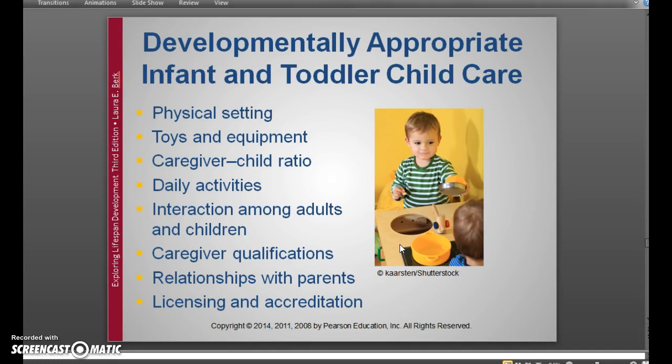Look at the physical setting, what kind of toys and equipment are provided, the caregiver to child ratio, what their daily activities are, how much interaction they have among adults, what the qualifications of the caregiver are, the relationship with the parents, and whether they are licensed or accredited.